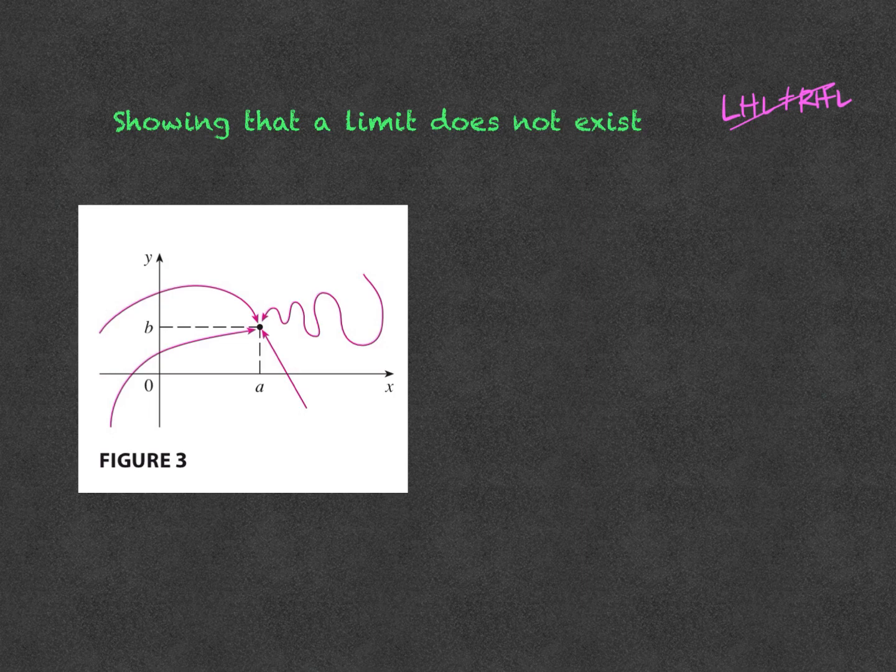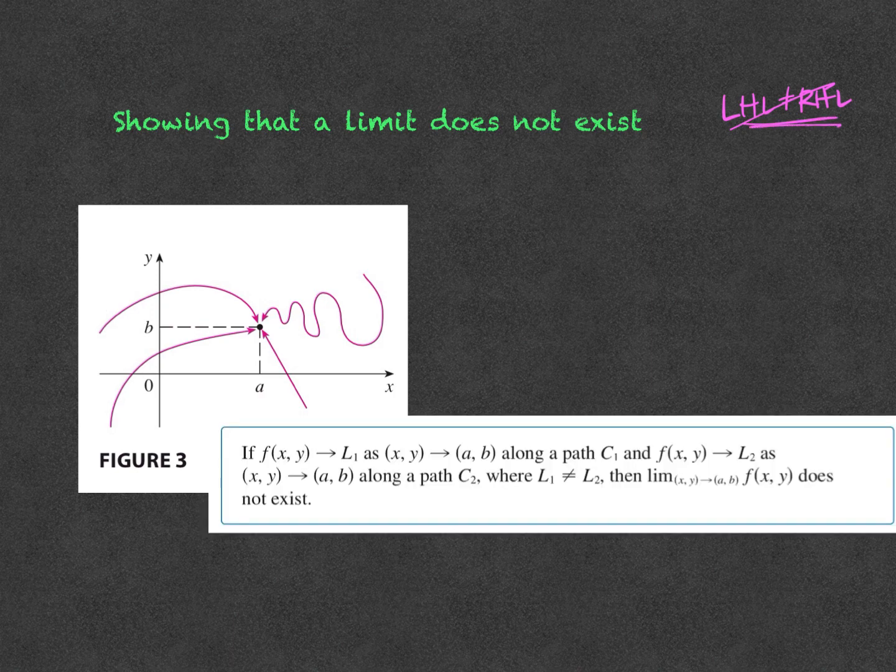So what we want to say, instead of saying the right-hand limit doesn't equal the left-hand limit, is: if f of (x, y) approaches L1 as (x, y) approaches (a, b) along the path C1, so on our first path on our surface, and f of (x, y) approaches L2 as (x, y) approaches (a, b) along a path C2, our second curve on our surface, if L1 does not equal L2, then the limit does not exist.